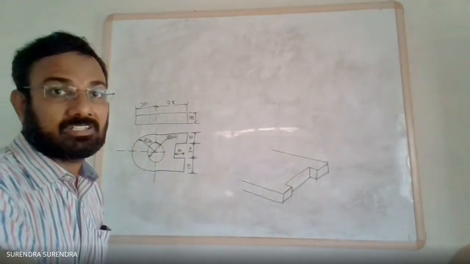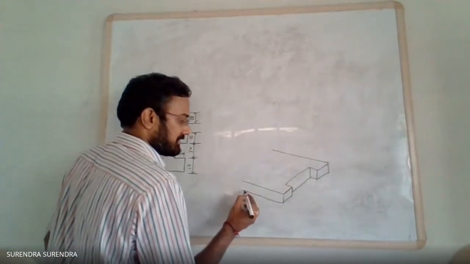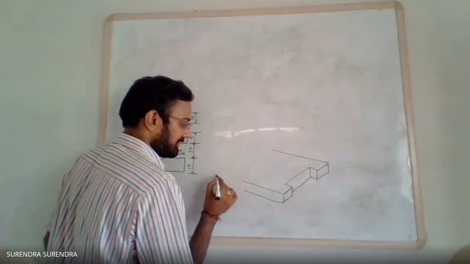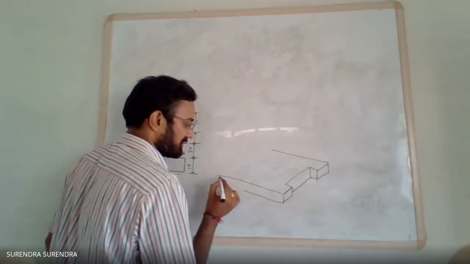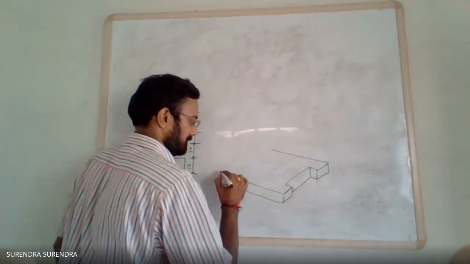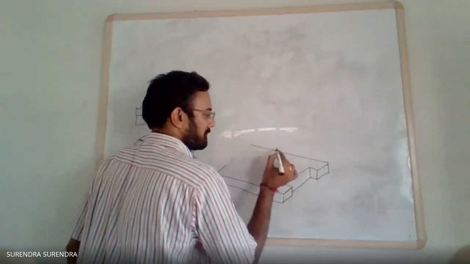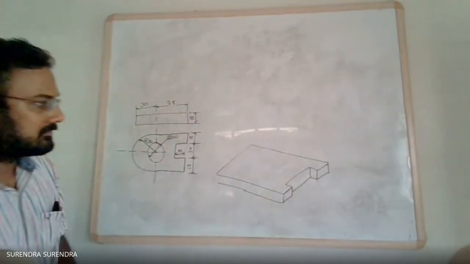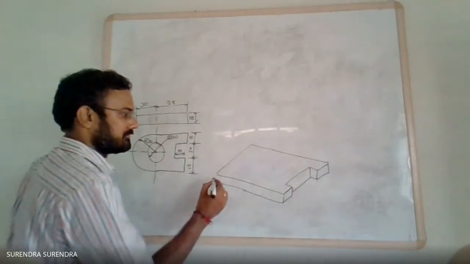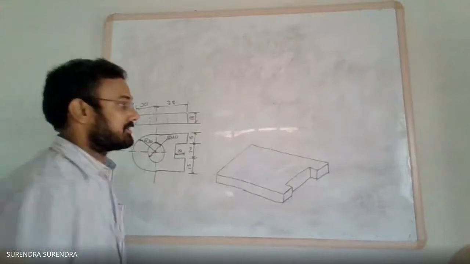To draw the semicircle and circle, first extend this for 30 mm more.